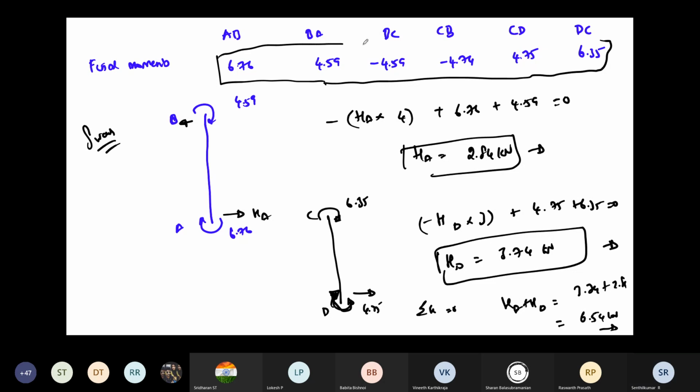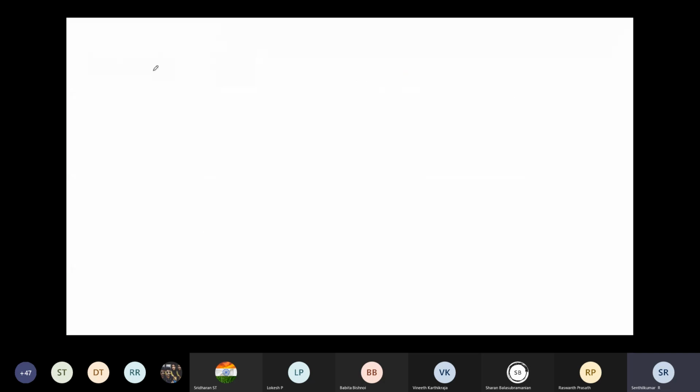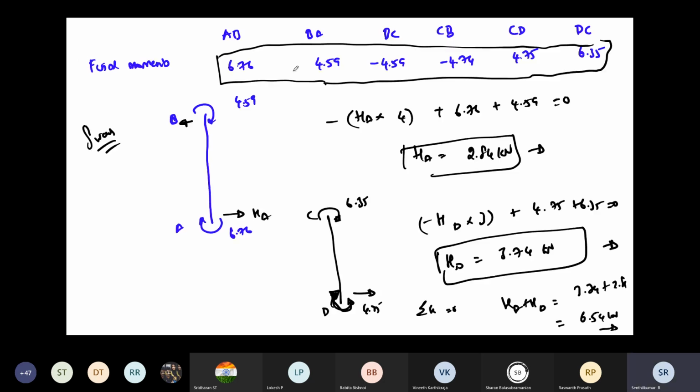But our aim is to find the additional moment developed due to that 0.74. For 6.54, these are the moments. But for 0.74, what are the moments? That we have to find out. For example, the fixed moments we calculated are for this 6.54 kilonewton. What are those?